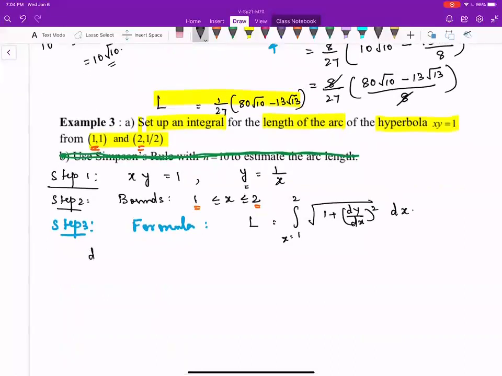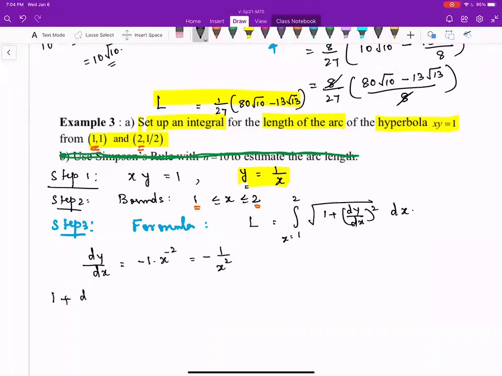So y is 1 over x, dy by dx equal to derivative of 1 over x, or x to the negative 1. So you can write 1 over x as x to the negative 1. So it is negative 1 x to the negative 2, or negative 1 over x squared.